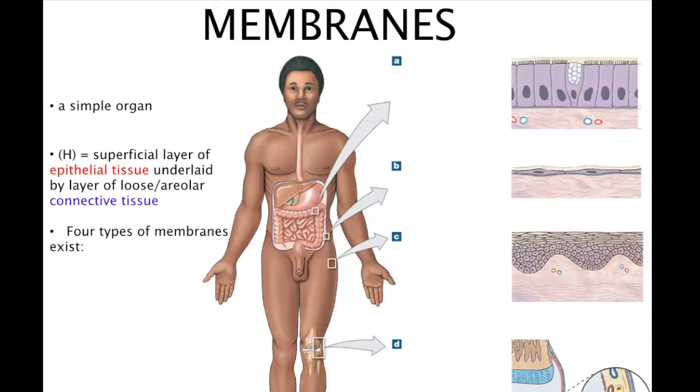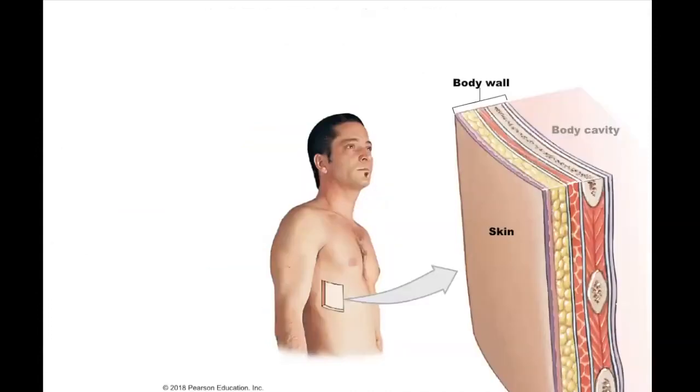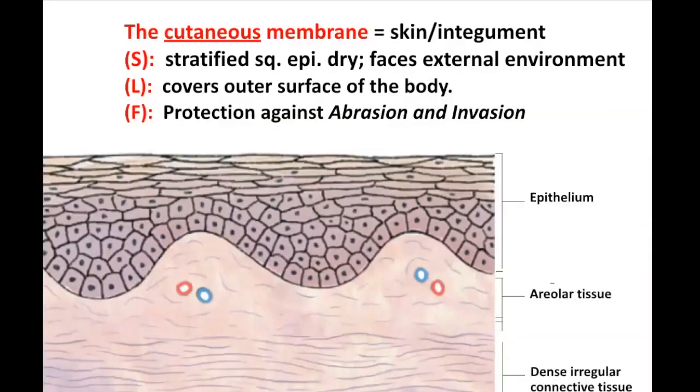And there's four types of these body membranes that will be on the exam, for instance, right? So these are called the mucous membranes, serous membranes, cutaneous, and synovial, right? So this right here is what's lining the outside of your body, right? This is the epithelial and loose connective tissue that forms the cutaneous membrane.